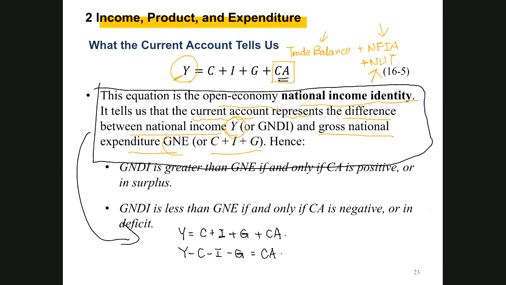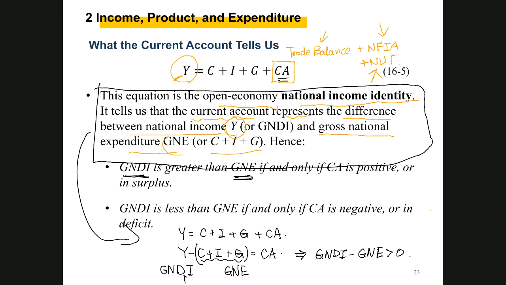Okay, so if GNDI, gross national disposable income, is greater than GNE, larger than expenditure, I have a positive return here, right?